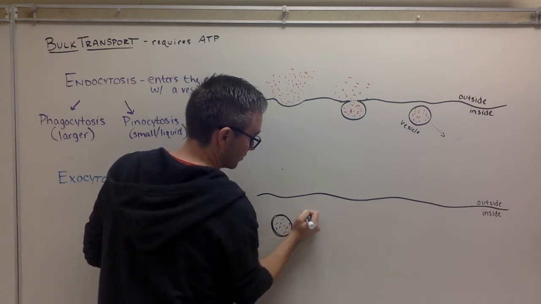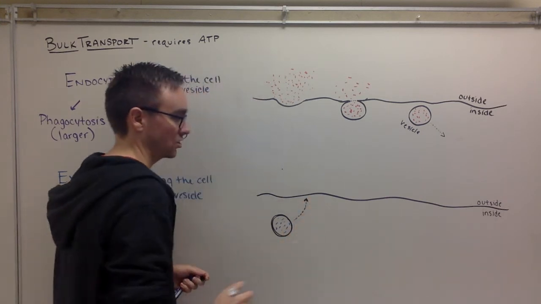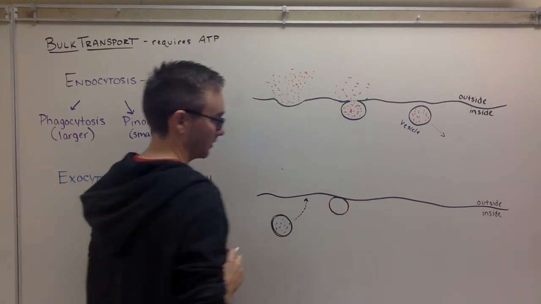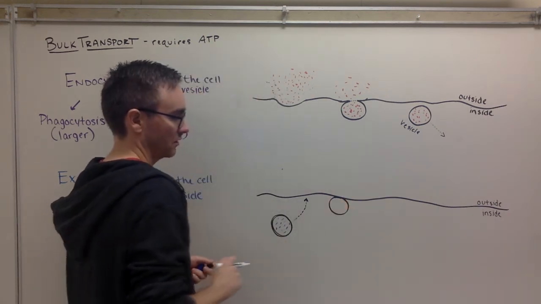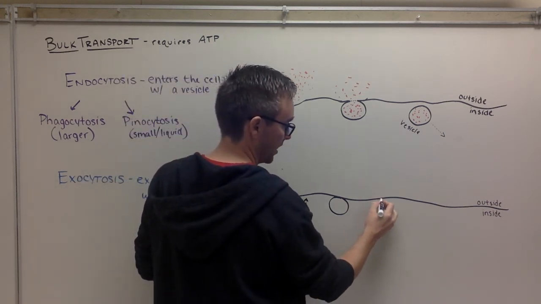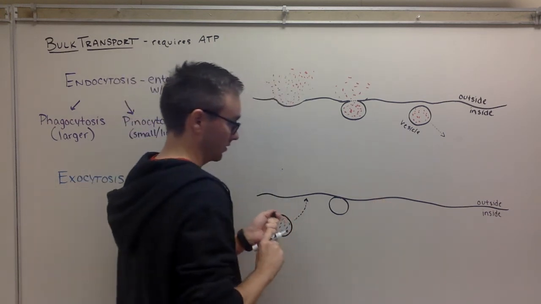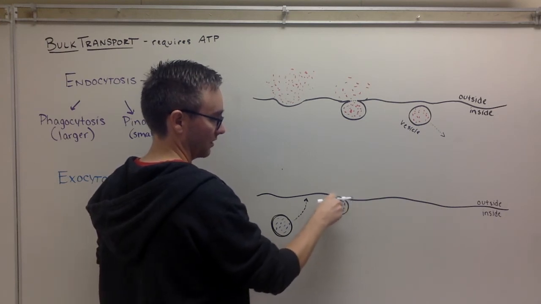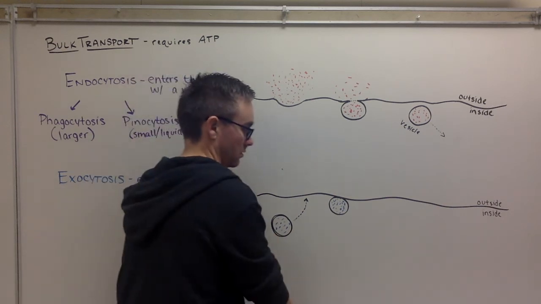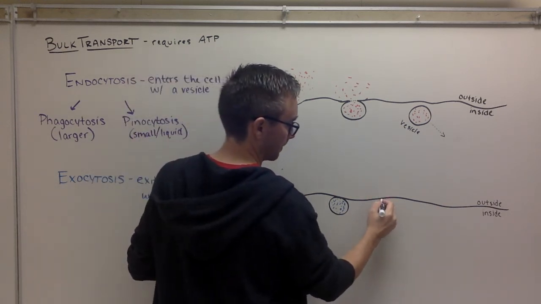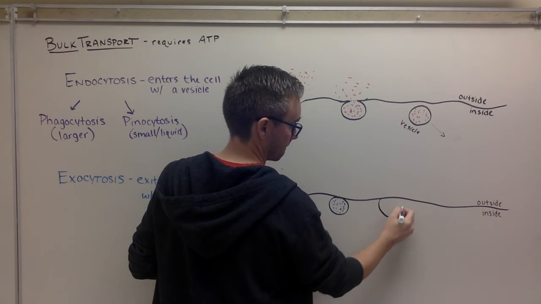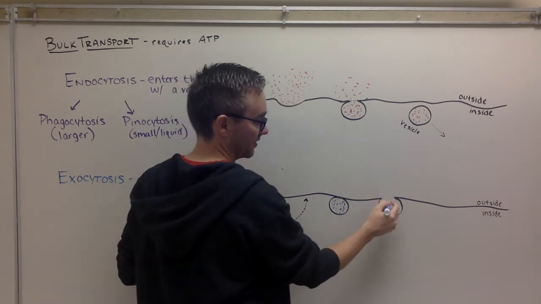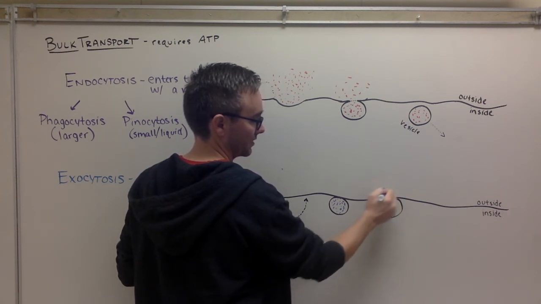What it's going to do is come up to the cell and attach. Once it attaches, it's going to start to open up. The membranes of the vesicle and the cell membrane are going to merge, opening up so that in this case the insulin can be released.